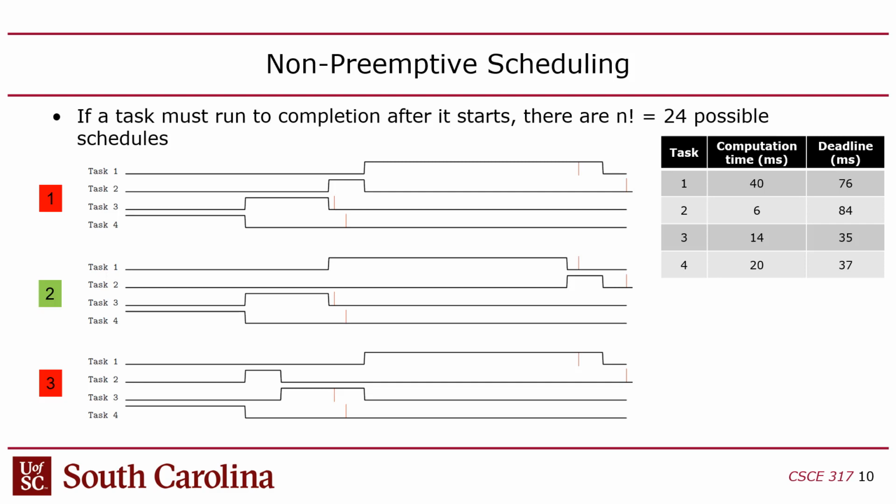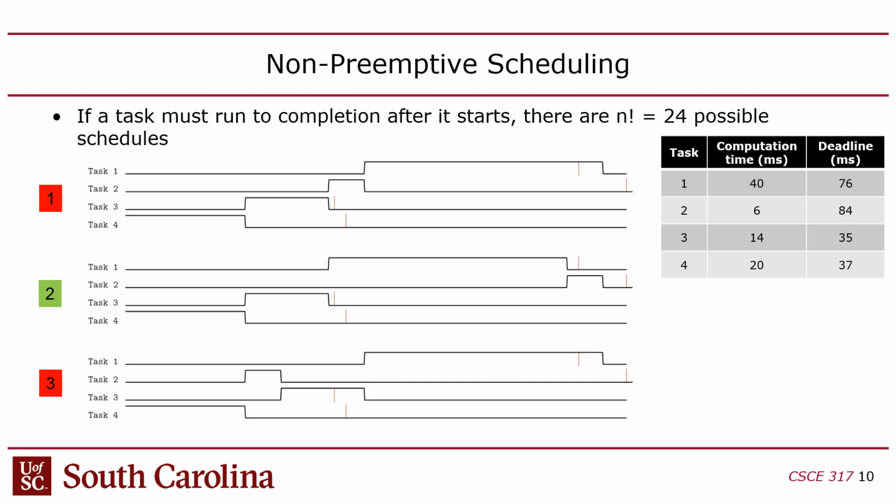To show this, I'm showing a timing diagram here, where as time marches on, at most one task can run, meaning that it's high, and the other 3 are low. So I'm going to run task 4 first, and when it gets done, task 3, then task 2, and then task 1. So basically, I'm going to run them 4, 3, 2, and 1.